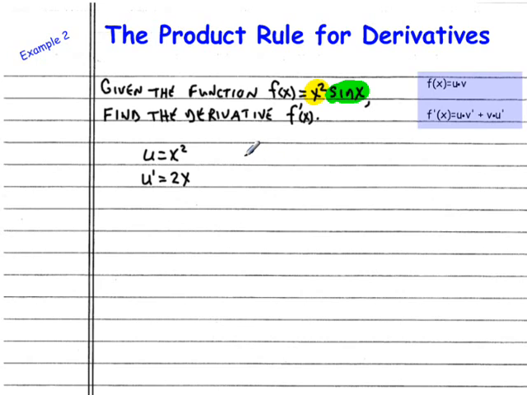We also know that we'll need and have identified our second function, and we call our second function v. So v is the sine of x, and we remember from earlier that the derivative of the sine function is the cosine function, so v prime is cosine of x.